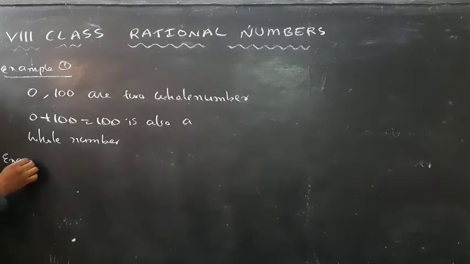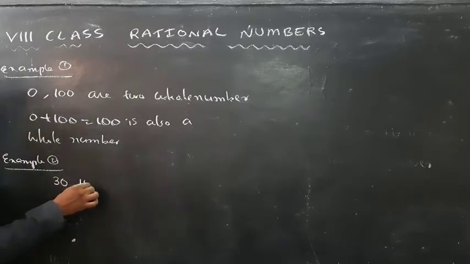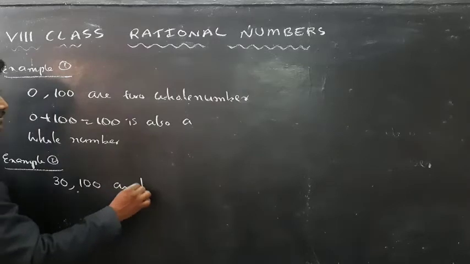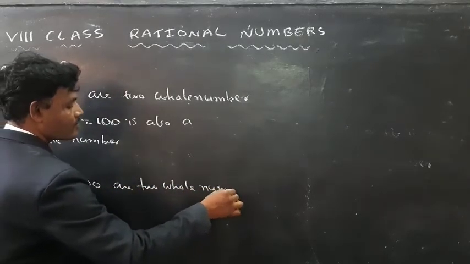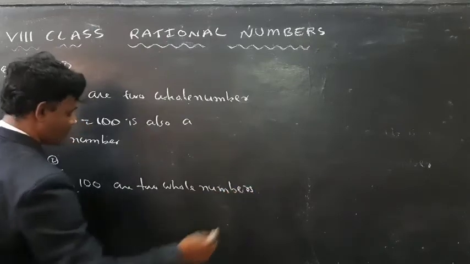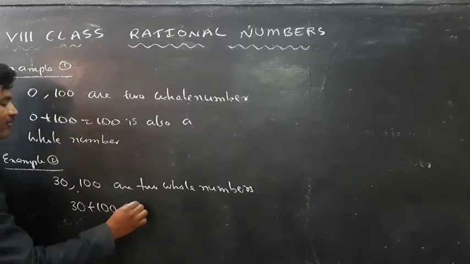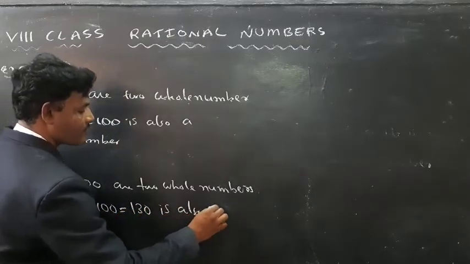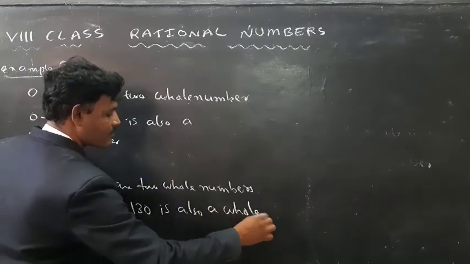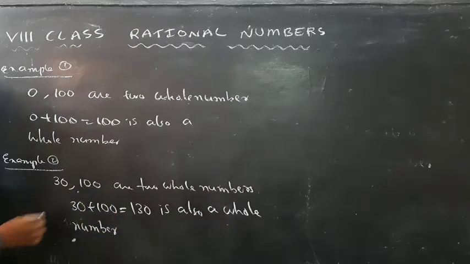Example 2. For example, 30, 100 are two whole numbers. Then 30 plus 100 is equal to 130, which is also a whole number.